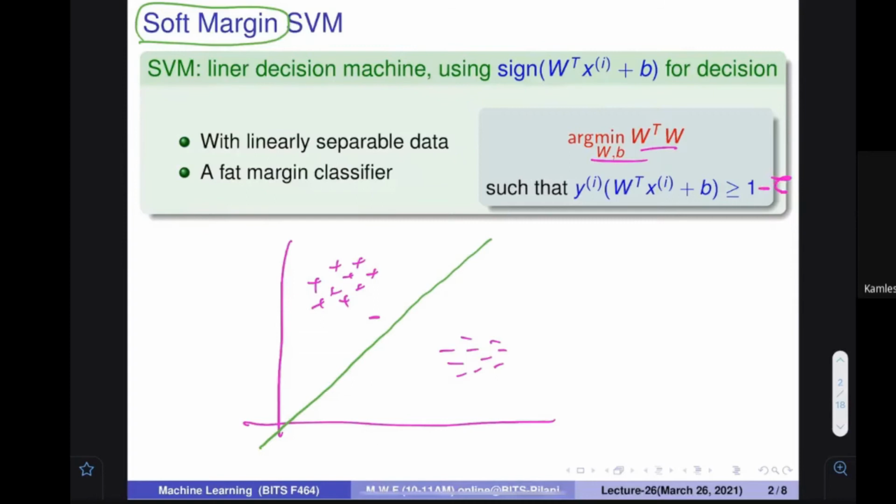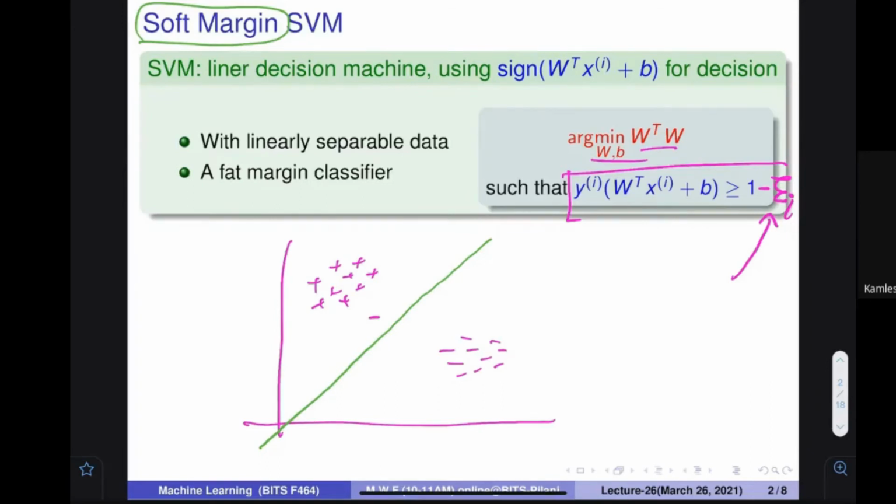I am going to allow some kind of discount here. If the value is not 1, even if it is less than 1, I'm okay with that. We need this value to be greater than or equal to 1 for all the data points. But even if for some item it is not greater than 1, I am okay with that.